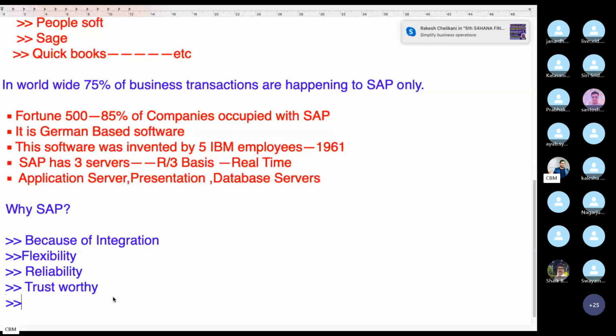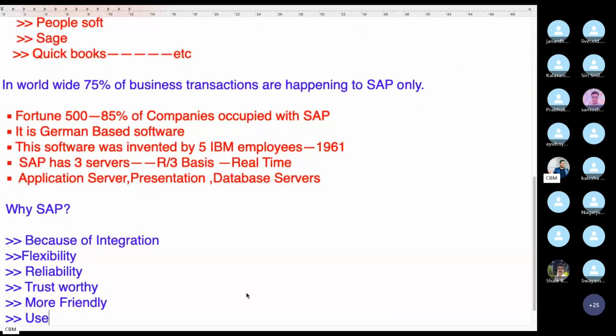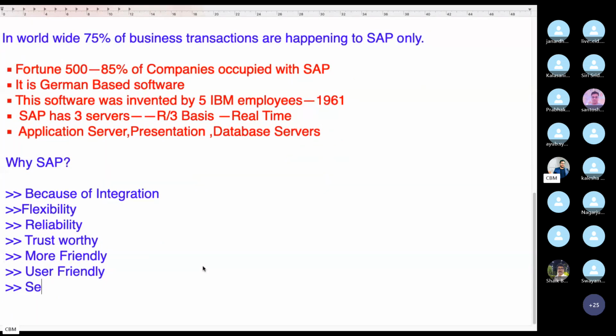More friendly, user friendly. These are all reasons, and security is better compared to other ERPs, so there are no data leakages.